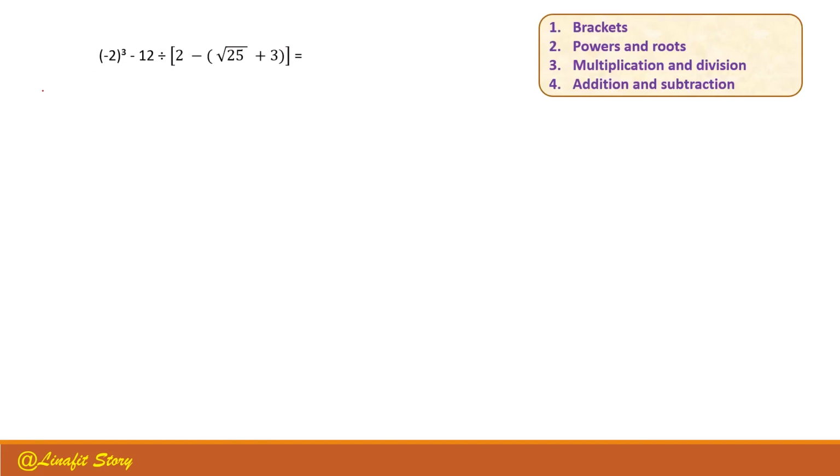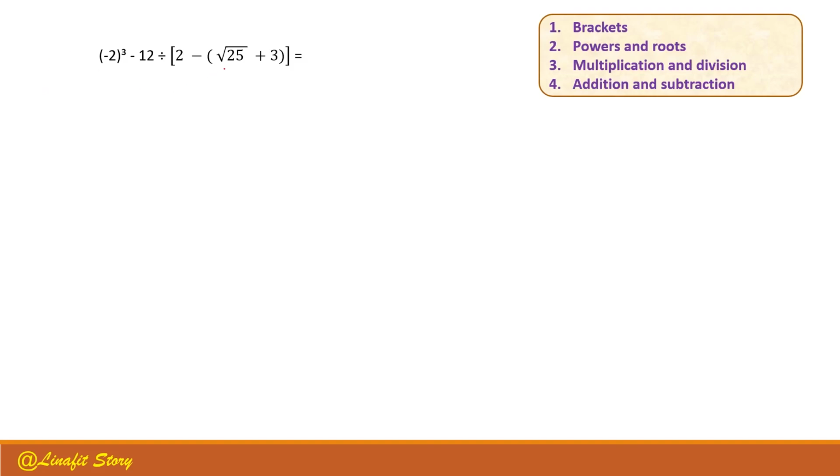Another example, negative 2 cubed minus 12 divided by, open bracket, 2 minus, open bracket, square root of 25 plus 3, close bracket. So over here, you can see that there are more than one pair of brackets. Evaluate the expression in the innermost pair of brackets first.